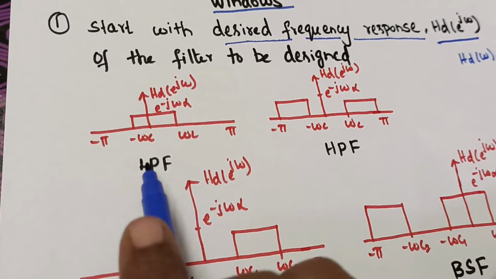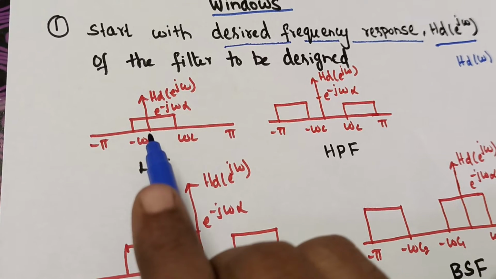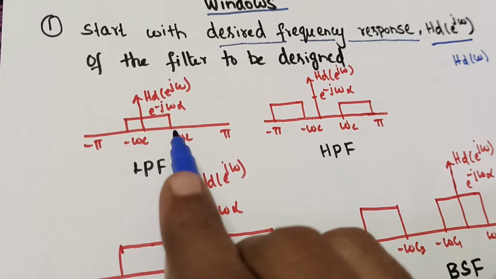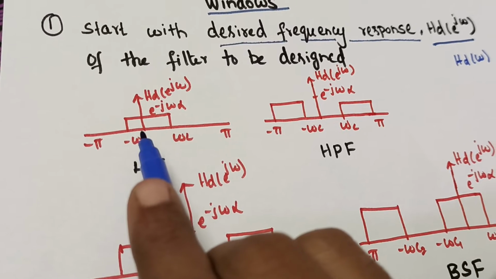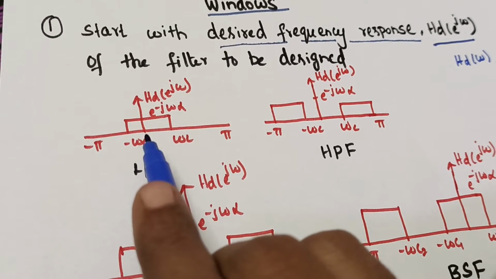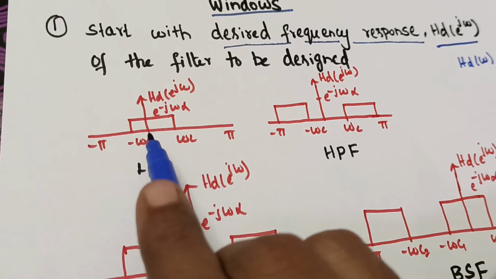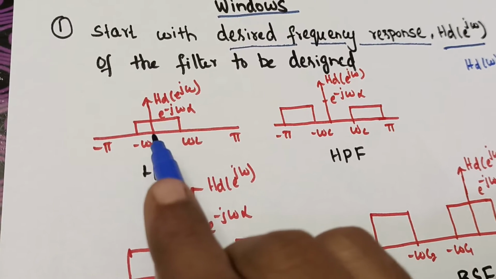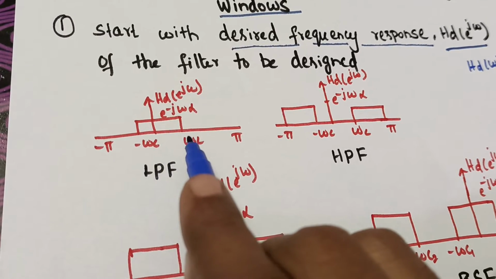Since low pass filter is going to pass all the low frequencies starting from 0 to the cutoff frequency, we can represent the magnitude of this low pass filter as e power minus j omega alpha in the range from 0 to omega c.